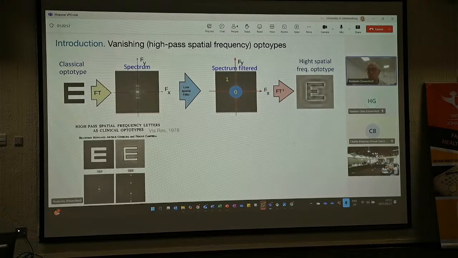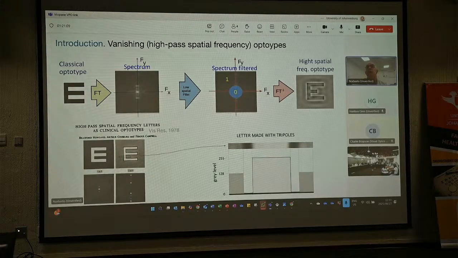We see in detail that this has a white line in the center and 2 black lines around, on a gray background. So in terms of grayscale, what we have is like a tripole, which is the name of this kind of optotype.